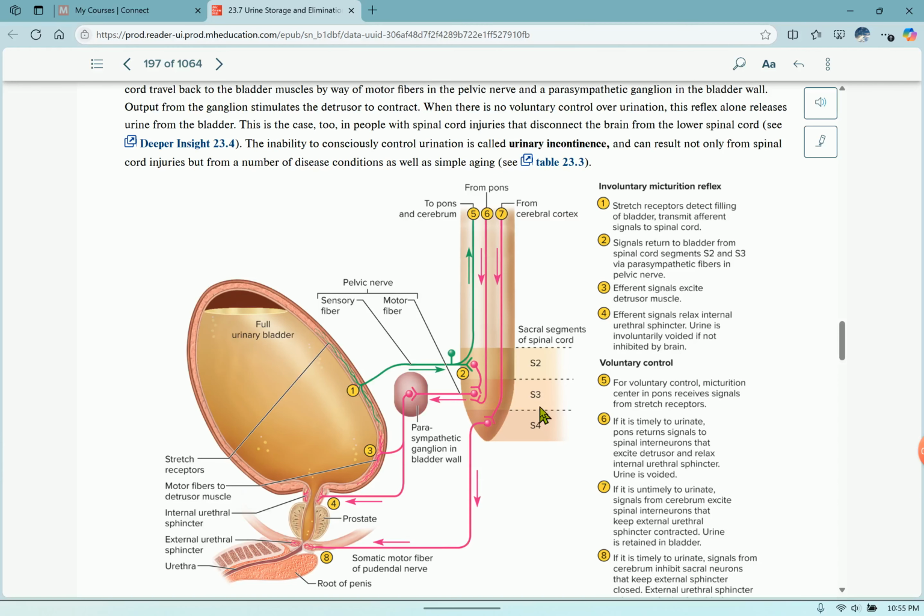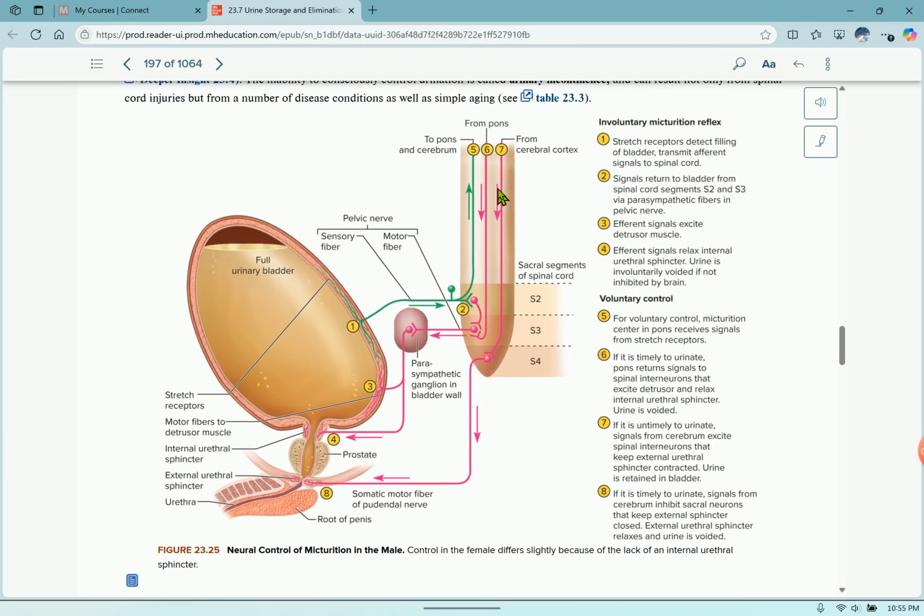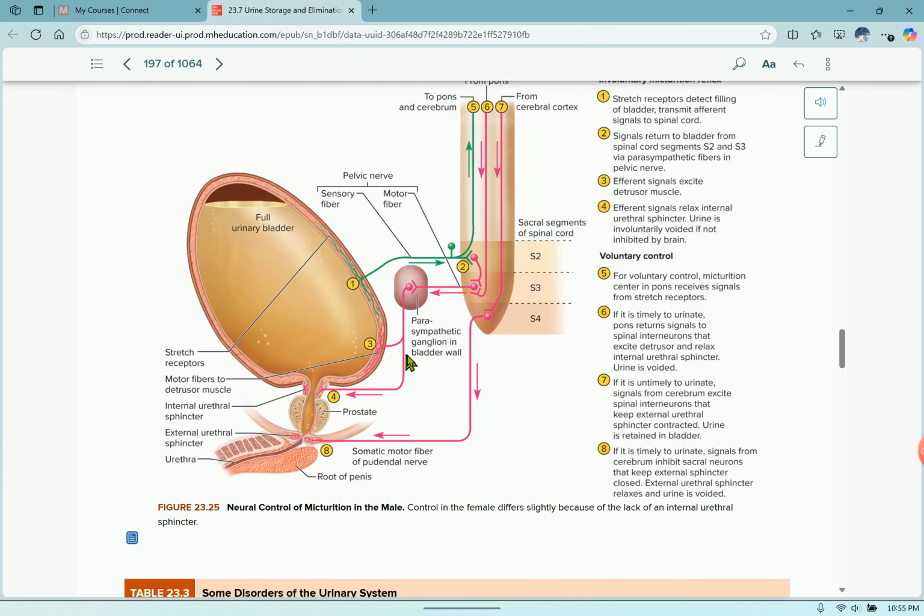Okay, now these nerves come in and out of the sacrum area and travel up to the pons, which is ultimately responsible for that, so it's part of the brainstem. And it's also a very strong parasympathetic neurological stimulation. Now remember, parasympathetic is rest and digest. So your bowel and bladder function does best in parasympathetics.